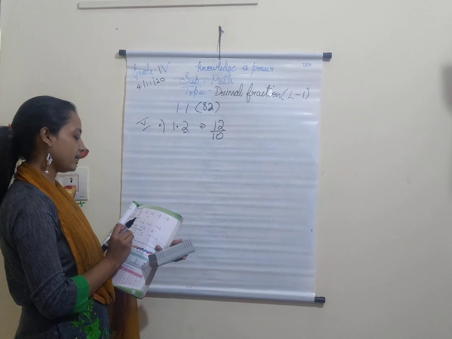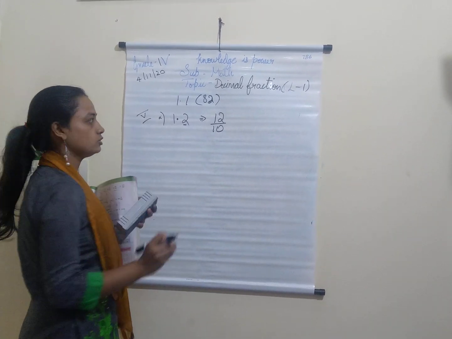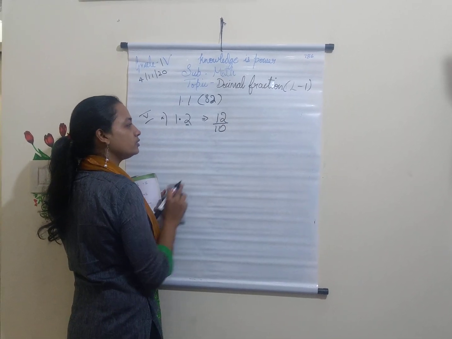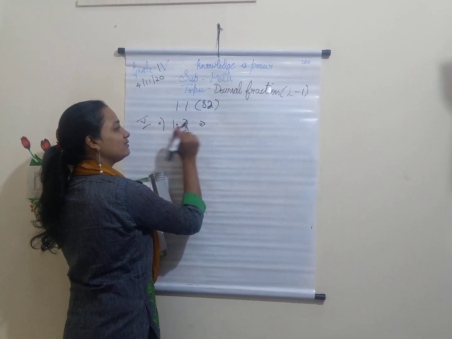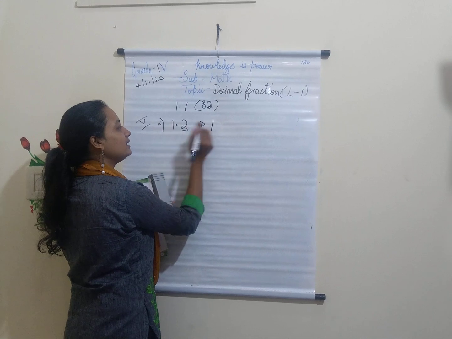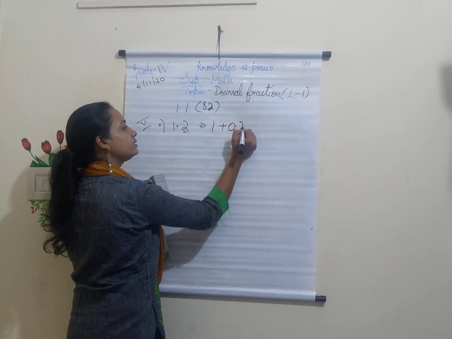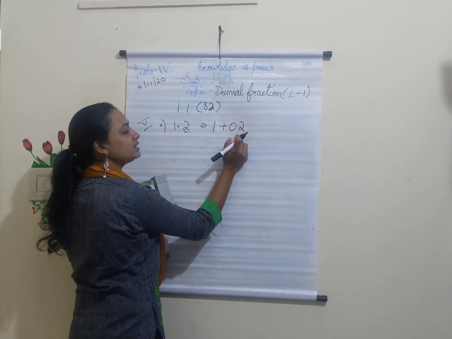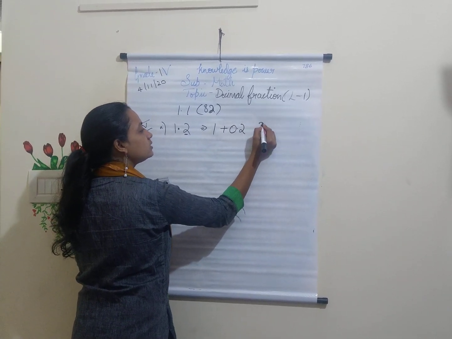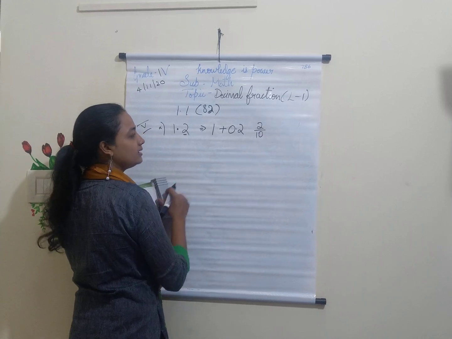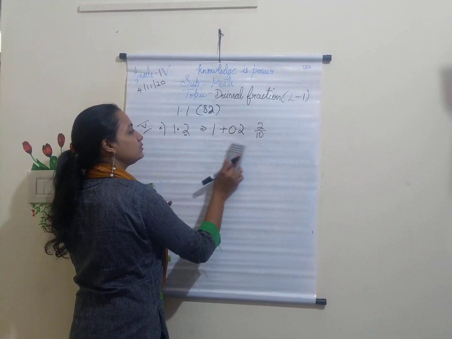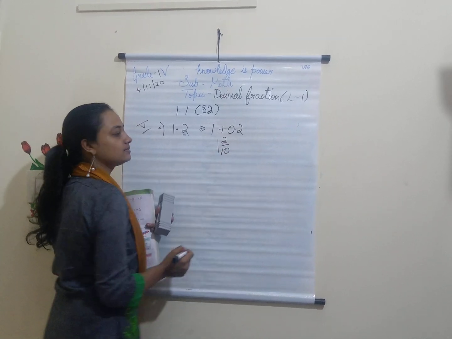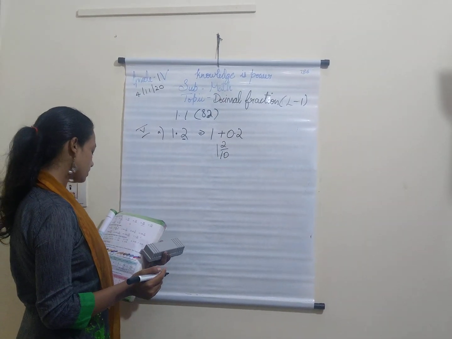They have asked you to write mixed fractions. So it should not be in this form. It should be in mixed fraction form. So how to write that? You write 1 as it is and plus you write 0.2. This 0.2 you should write it in fraction form. How to write this in fraction form? It is 2 by 10. Right? So my answer would be 1 and 2 by 10.